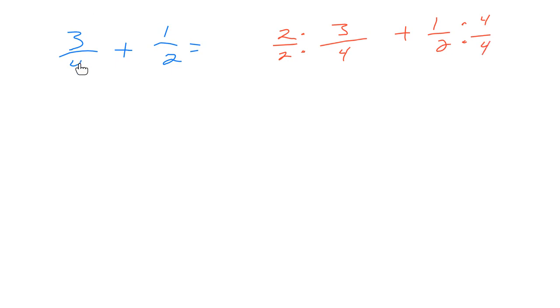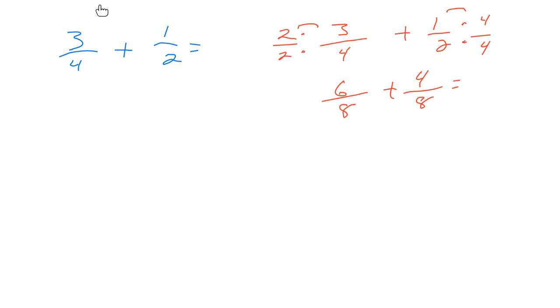I got the 4 from this denominator right here, the 4. And that would give me 2 times 3 is 6, 2 times 4 is 8, plus 2 times 1... 1 times 4 is 4, 2 times 4 is 8.